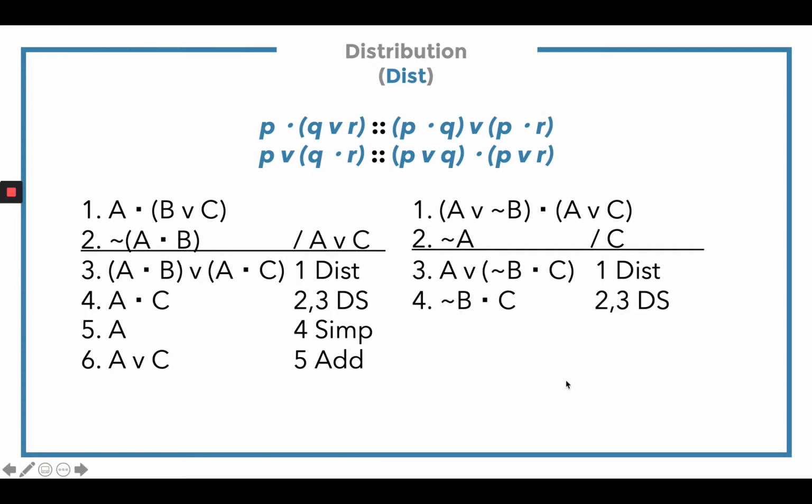So here, using lines 2 and 3 in disjunctive syllogism, we get not B and C. We're looking for C. We can't take it out of that spot since it's the second conjunct. Let's use commutation to flip it around. Then we can drop the tilde B off because it's an and. That's simplification, and we've got our conclusion.